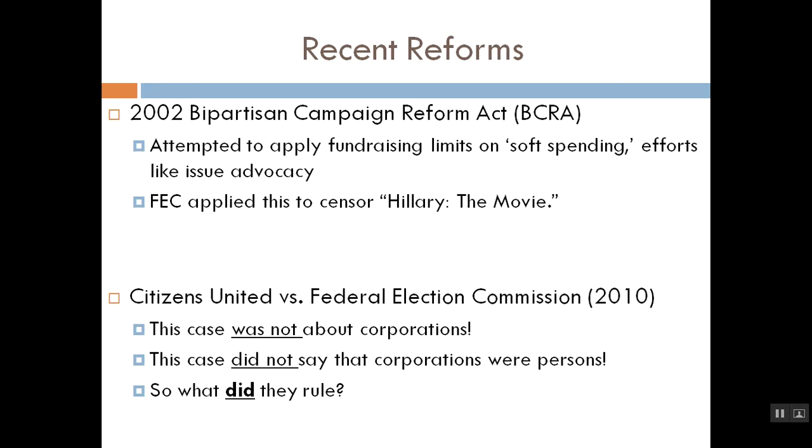Hillary Clinton, though, she's going to run into a problem, because there's this group called Citizens United, which is a 501c3 not-for-profit interest group. And they're going to spend some money to produce an independent film called Hillary the Movie. And Hillary the Movie is basically a documentary. Now, it never explicitly tells people to vote for Barack Obama, and it doesn't explicitly say vote against Hillary Clinton.